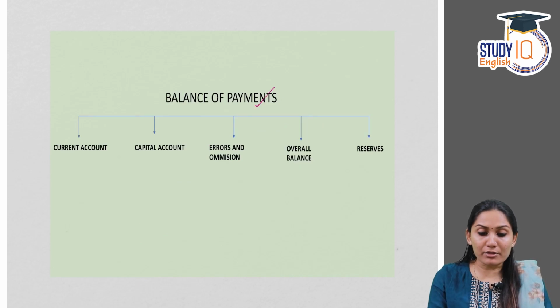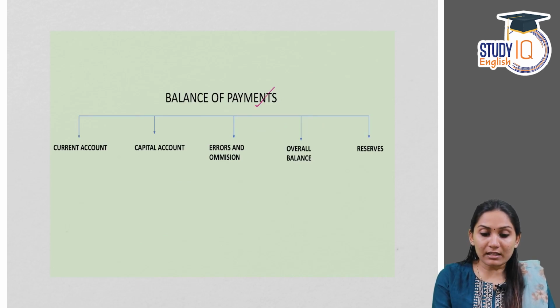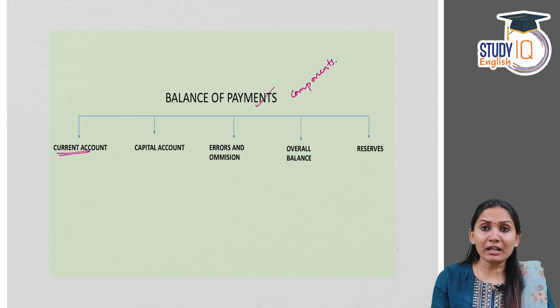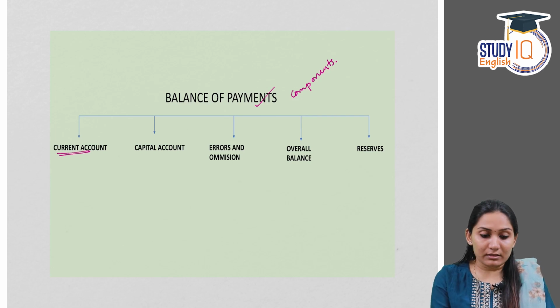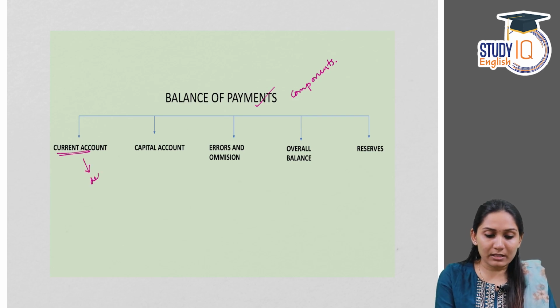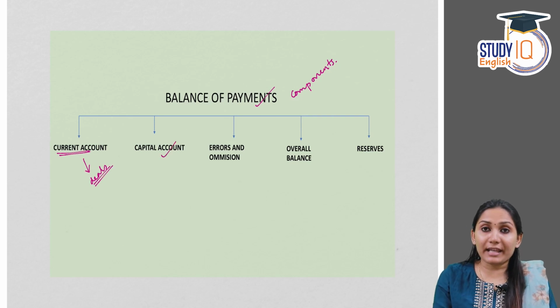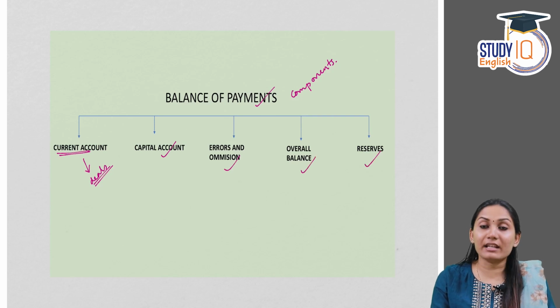Now coming to the components of balance of payments. These are the components, and we will see these components in detail. First one is the current account. Current account deals with all the current account transactions. Then there is a capital account, then errors and omission, overall balance, and reserves.